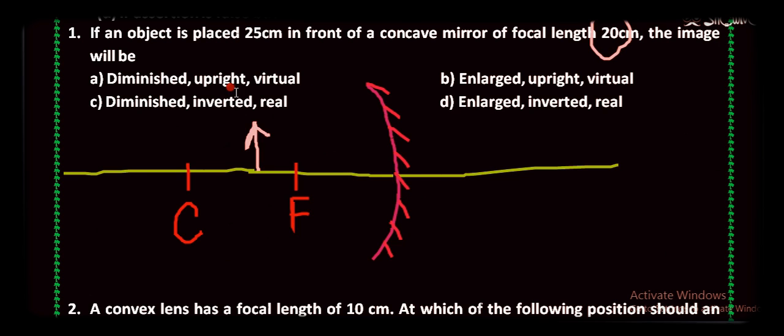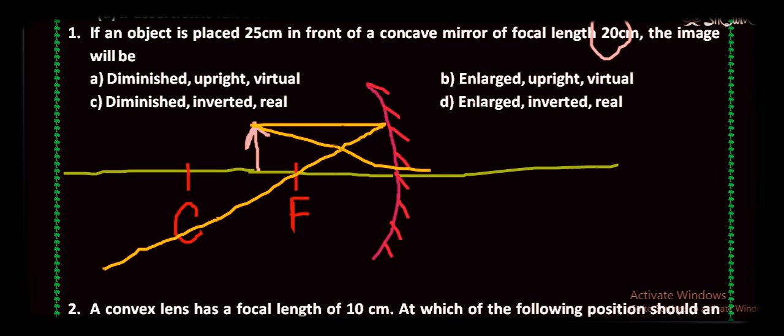When you draw the ray diagram, one ray will go parallel and pass through the focus in this way. Then one ray will strike at the pole, and it will go like this. So which type of image is formed now?